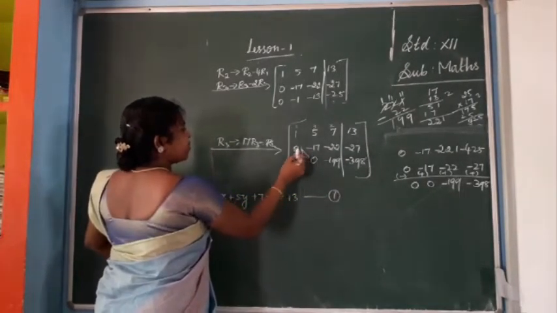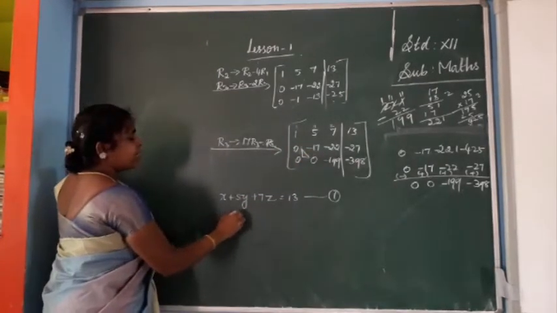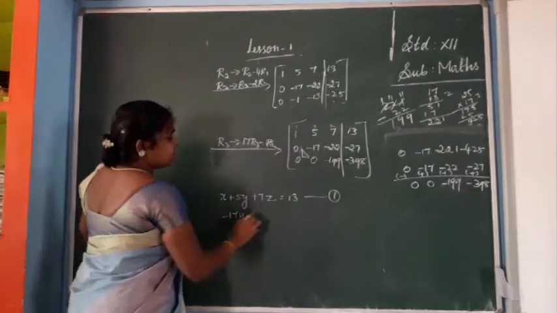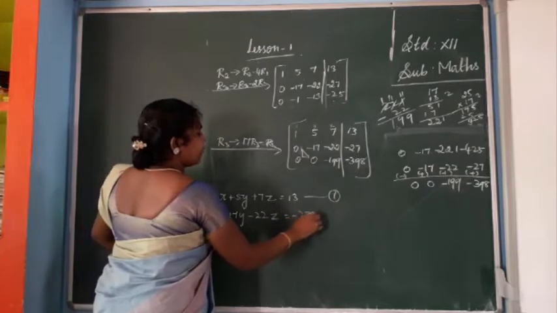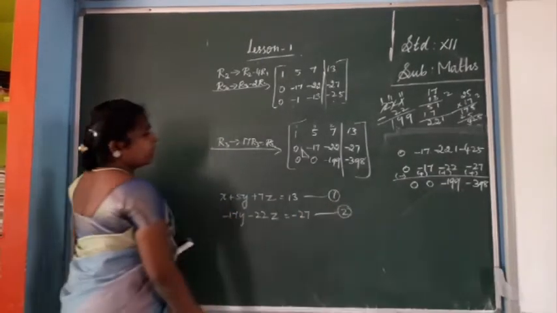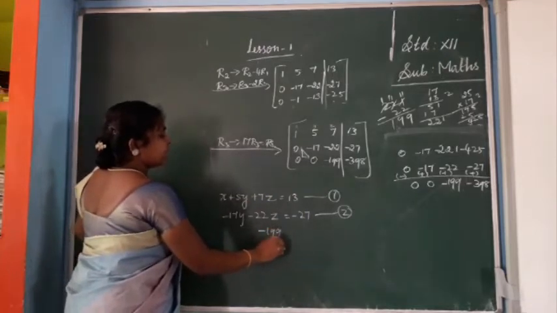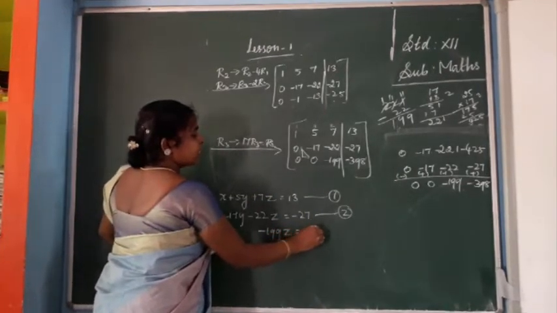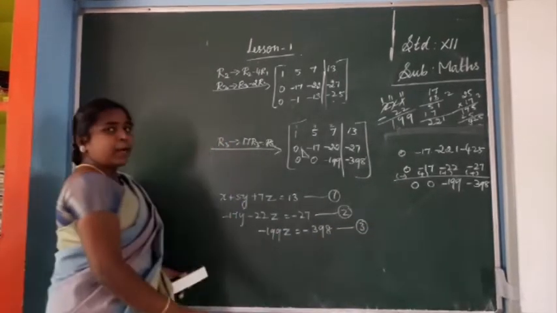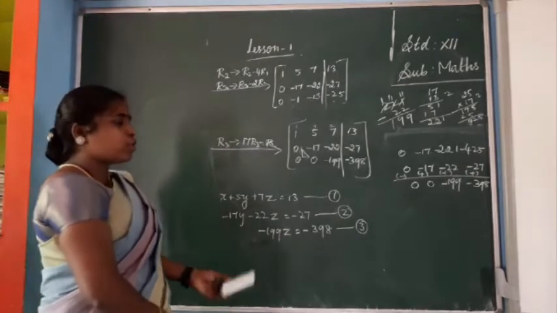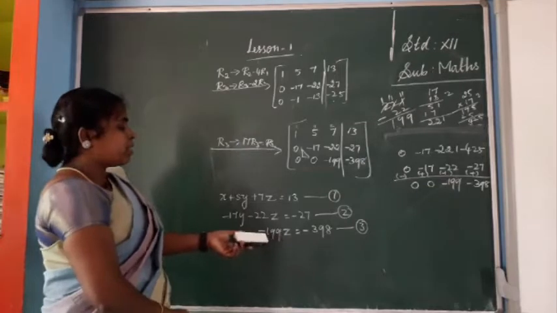Next equation, x is 0, so you leave it. This y term is there, so minus 17y minus 22z equal to minus 27. This is equation 2. The third one is minus 199z equal to minus 398. This is equation 3. So the third step, as I told, is back substitution: from the last equation you have to find the value. That is back substitution.